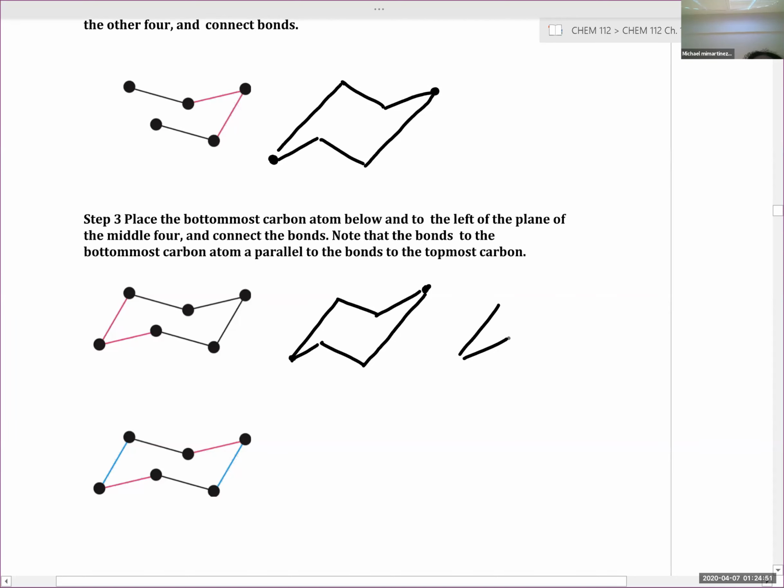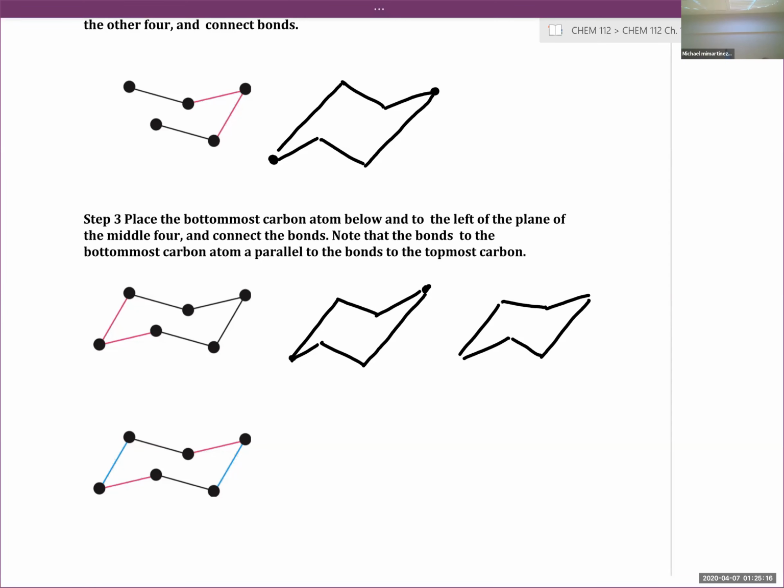Now, it's just going to take some practice, and try drawing out 10 or 20 cyclohexane sketches in the chair conformation just to get the hang of it, because it's really important that you correctly convey the location of substituents in this cyclohexane ring.